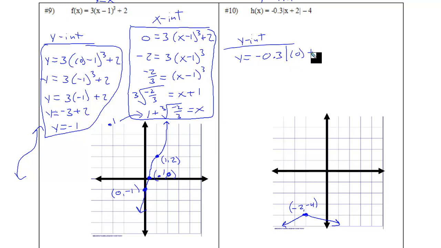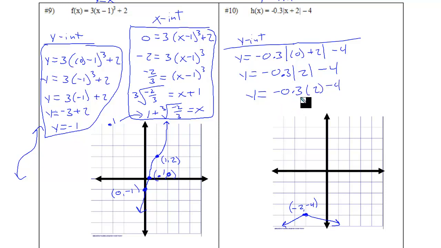Put 0 in for x to find the y-intercept. 0 plus 2 is 2. Absolute value of 2 is 2. 2 times negative 0.3 is negative 0.6.